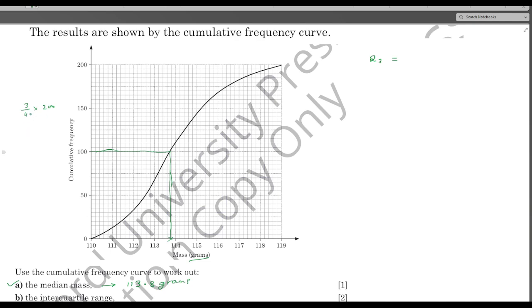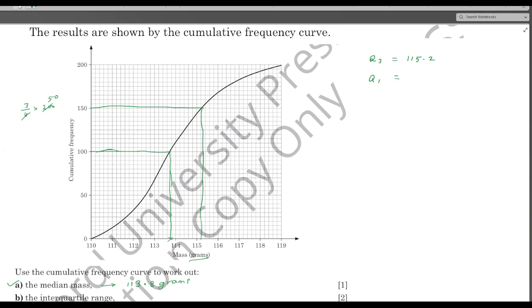In this case it is your 150, since 4 times 50 is 200 and 3 times 50 is 150. So at 150, if I see what value I get at the bottom, this is 115.2. So your Q3 is 115.2. Now let us see what Q1 is.